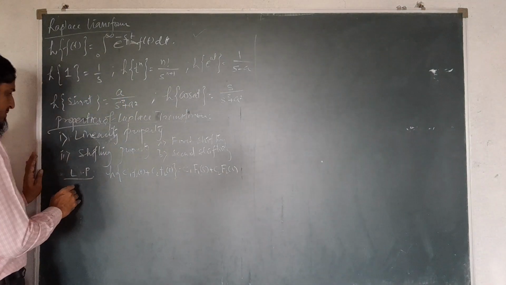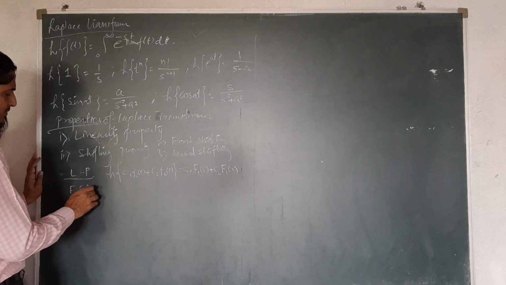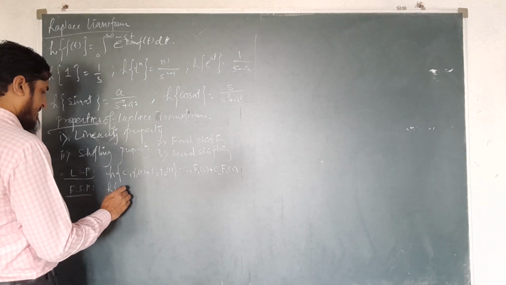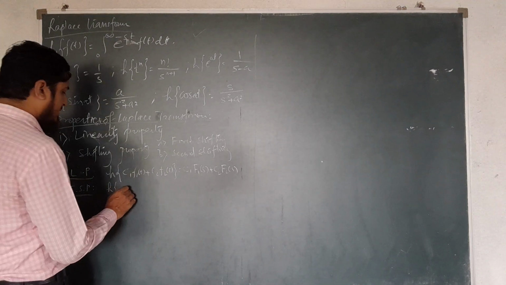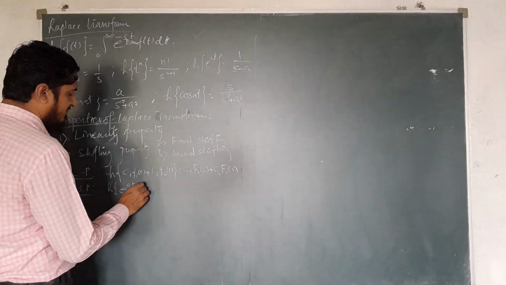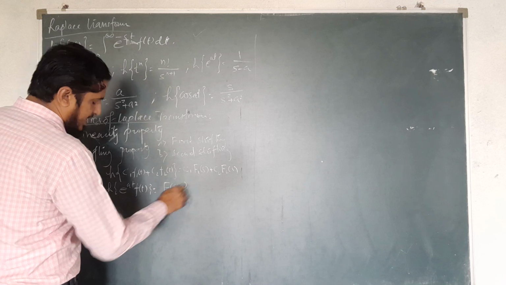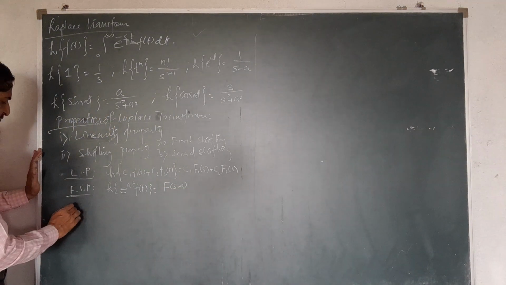Correct. Then we have seen the first shifting property, which is given as the Laplace transform of e raised to at f(t) is equal to F(s minus a). Correct. Now we have the second shifting property.